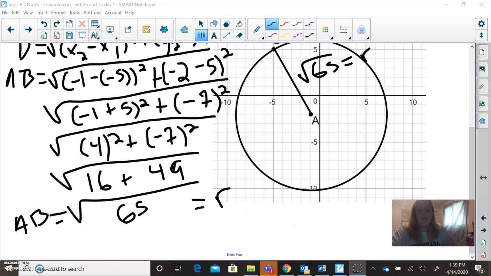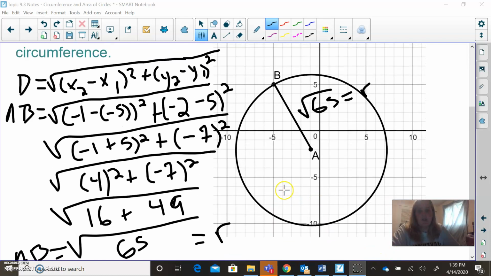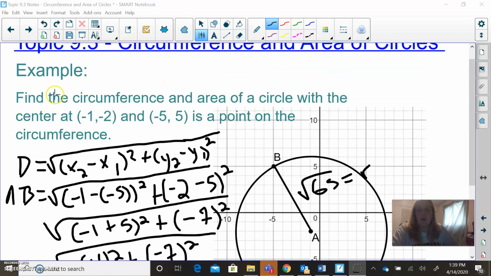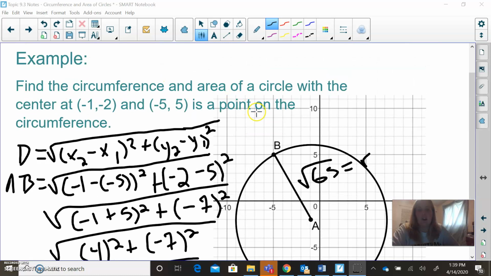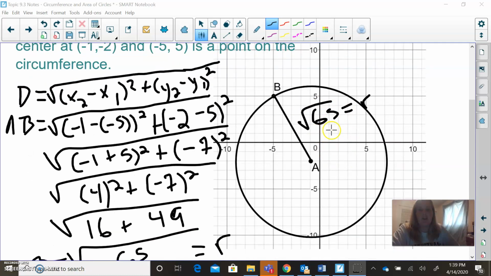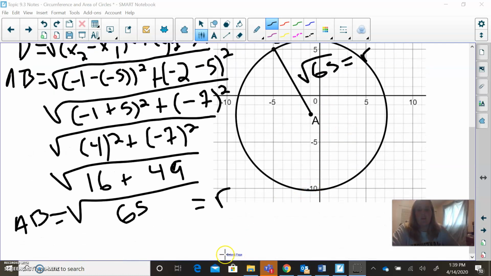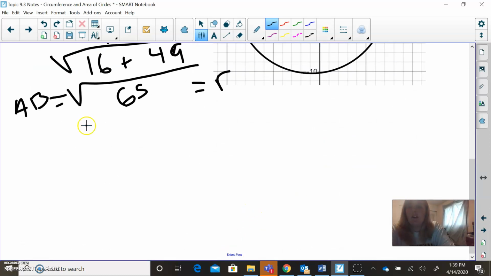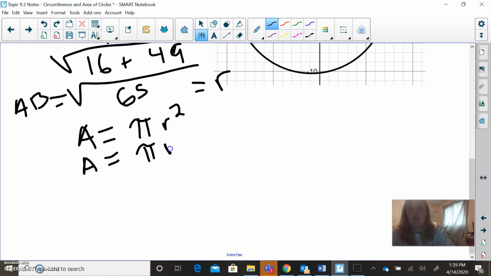Perfect. Now we haven't actually found our circumference or our area. So we're going to have to plug in to find them. Our area is equal to pi r squared. So area is equal to pi times the square root of 65 squared.